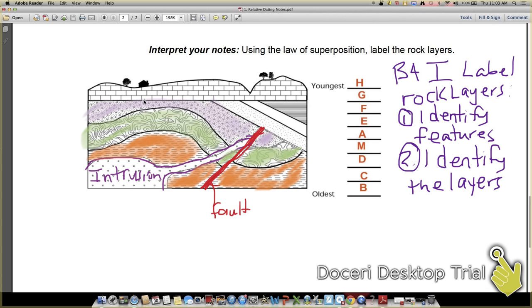Then we have this rock layer with these little dots in it. We also have, I'll color this one pink, just making it better identifiable on mine.